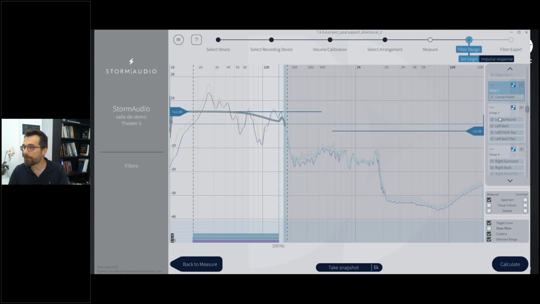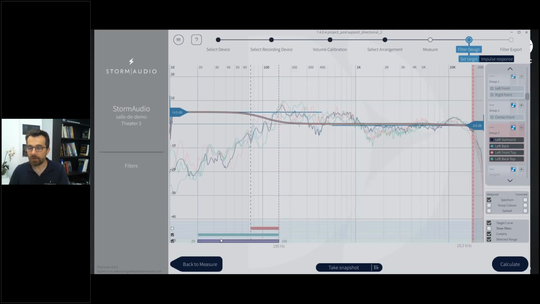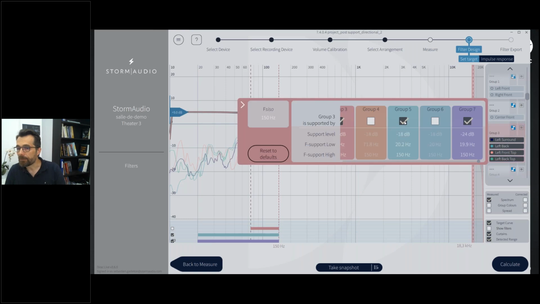So if you look at your left wall subwoofer, what I did mention is that you always want to keep the two front subwoofers. If you want to strengthen the sensation to get more bass from that side wall, you will go into the first subwoofer group, and this one you could potentially decrease its contribution by increasing its support level.